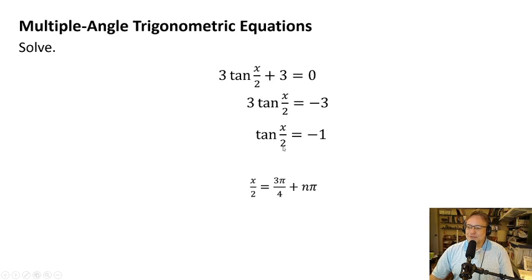So 3 pi over 4 is the angle that has a tangent of -1 here. And so we're going to add n pi to this, since the period of tangent is just pi. And here's where our extra step comes in, where we're multiplying both sides by 2, and we get x is equal to 3 pi over 2 plus 2n pi.